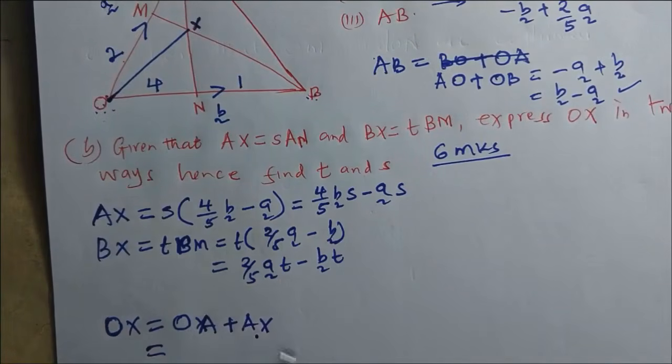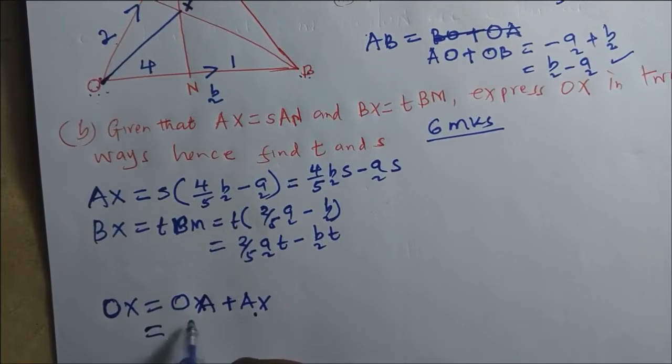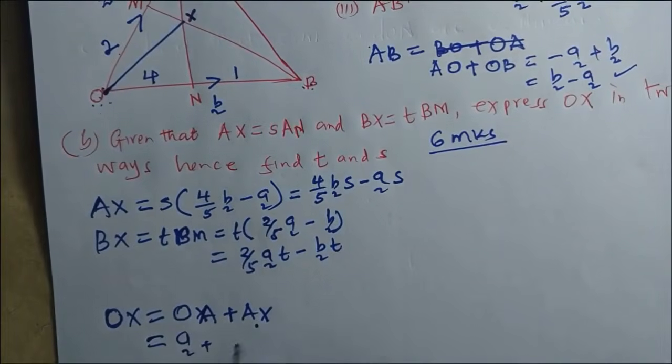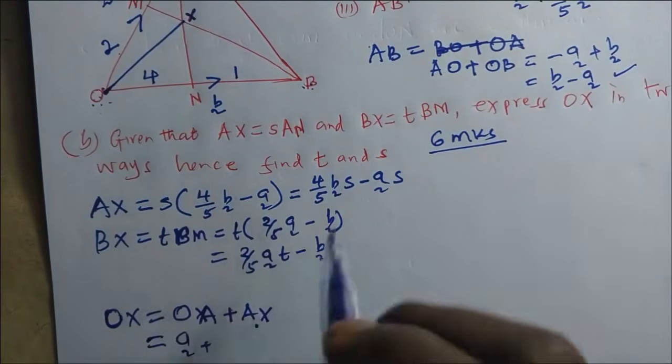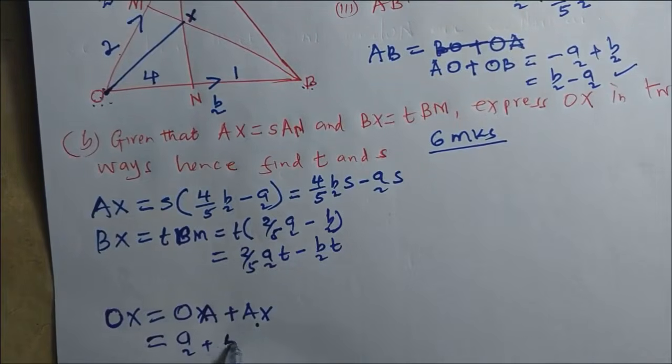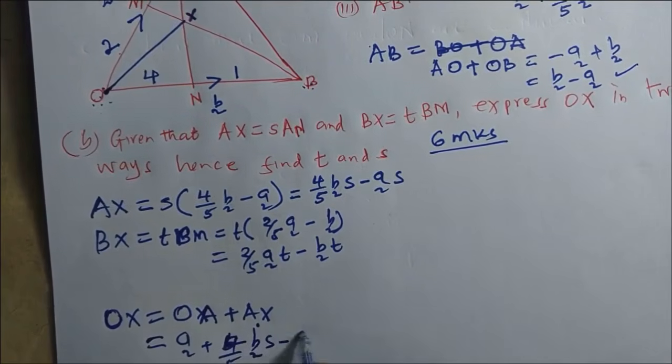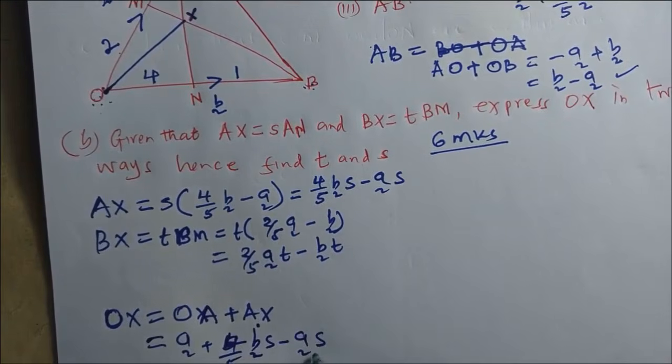We need to use that. So this one is OA, we know is A, plus AX, which is 4 over 5 BS minus AS.